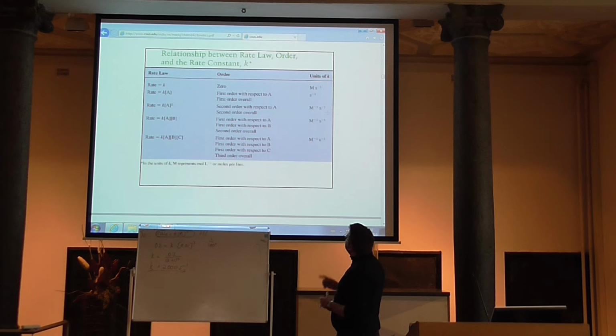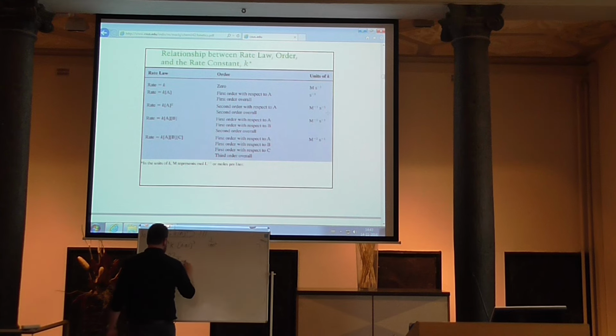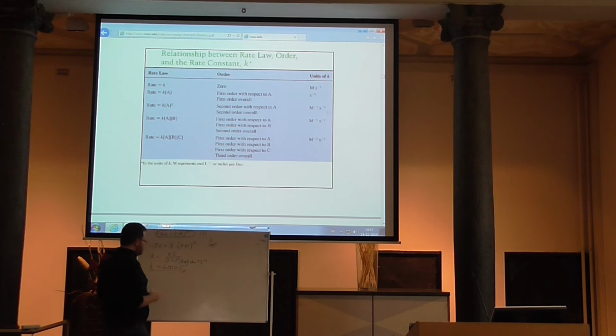If it's first order, it's per second. If it's second order, it's per moles per second. So moles per decimeter cubed, per second. And then you have a nice overview of this.